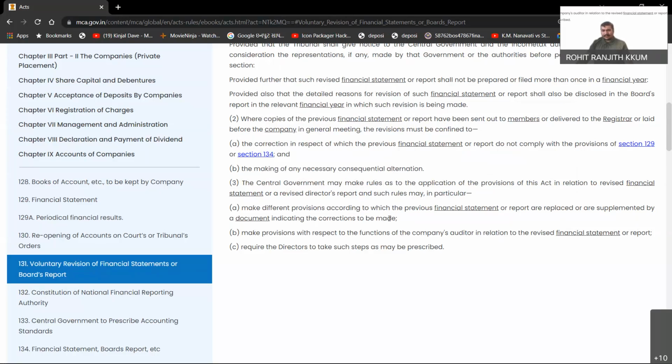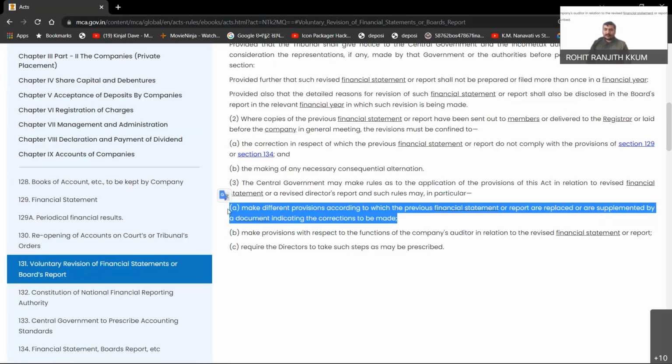Now, what is this point trying to say? Before I go on, are all of you clear with this A and B point?